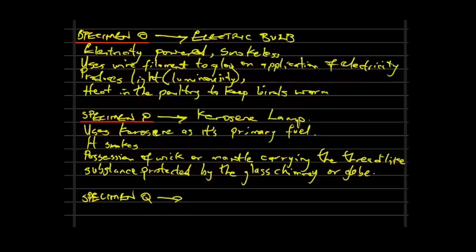Specimen Q is the charcoal pot. Like we have been talking about generation of heat, this one also generates heat, though it doesn't generate as much luminosity as the electric bulb and the kerosene lamp do. The heat can also be used like the others, in the poultry.